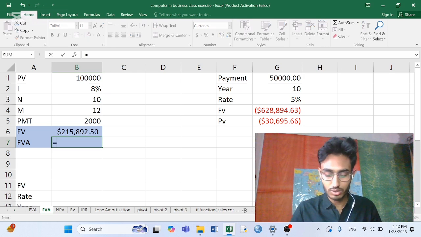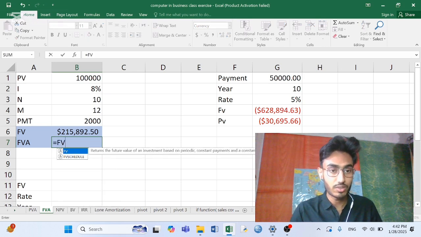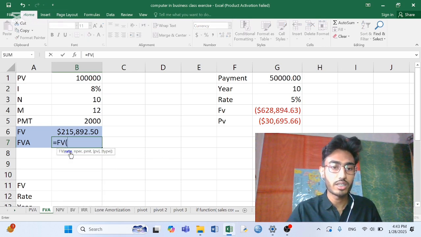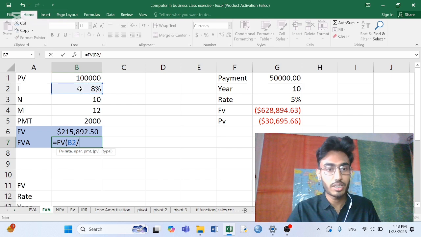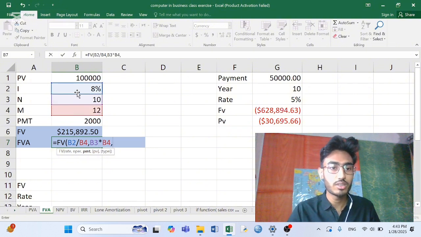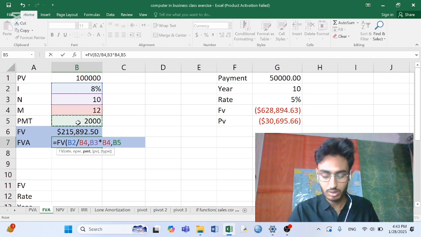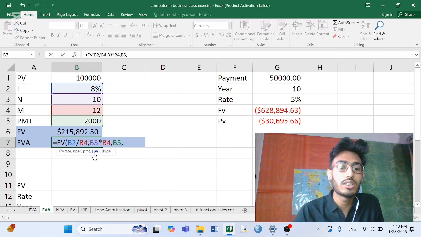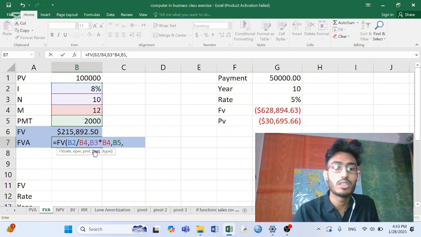For this we're also going to use the same formula of future value. Future value, the rate is going to be 8% divided by 12 months. The year is going to be 10 years multiplied by 12 months, and then the payment is 2000. Then the present value. If you notice, they have a bracket, and that's why we are using minus.